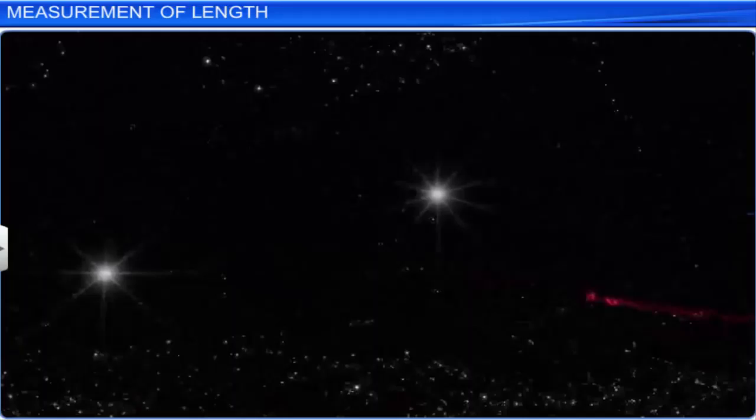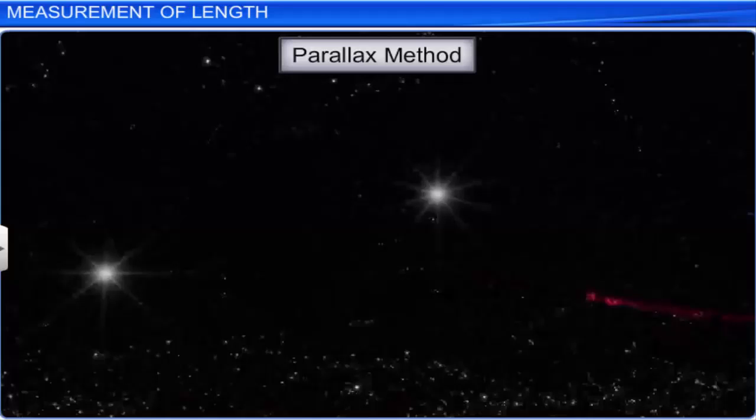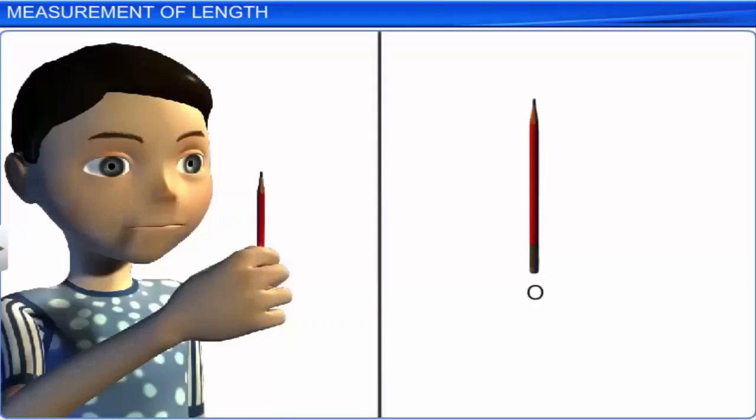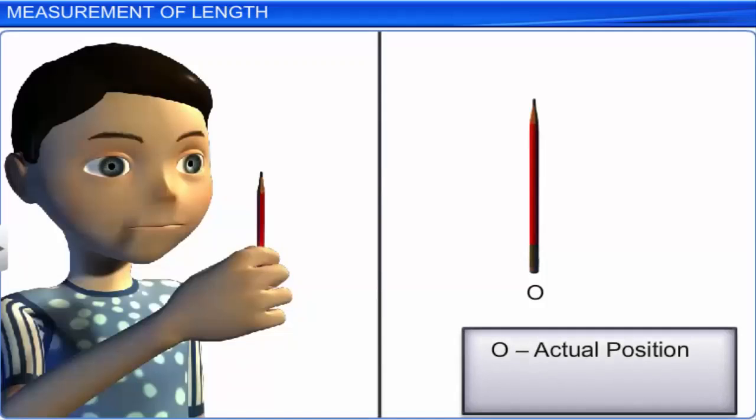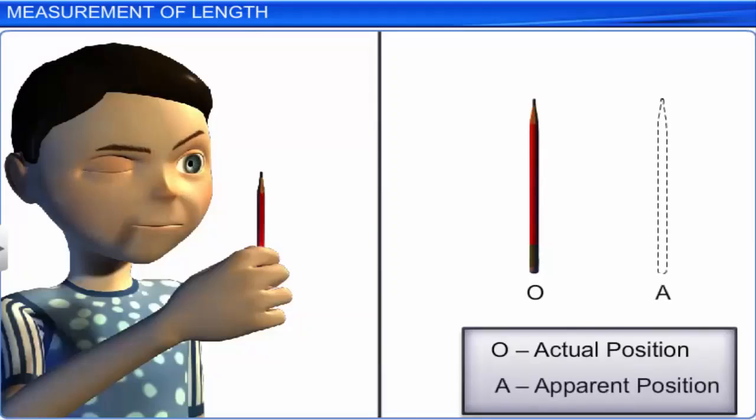To measure large distances, we employ an important method called the parallax method. What happens if you look at an object with one eye closed? Its position seems to be moved a little from the original position.